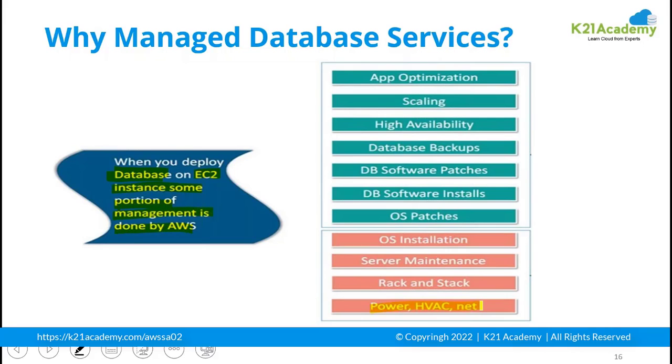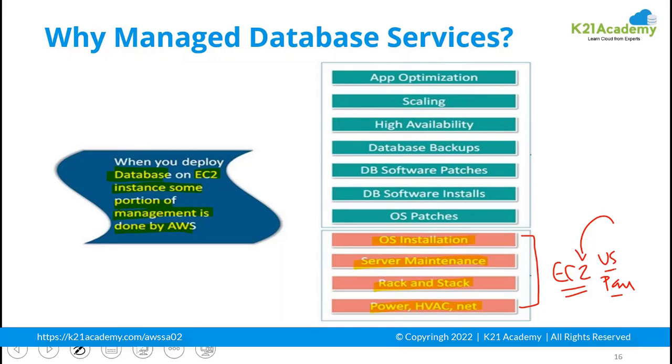That means the power, heat, ventilation and cooling, network connectivity, racking and stacking, server maintenance and operating system installation are done by Amazon. Basically, Amazon has launched an EC2 instance for you and given you a username and password to get connected. This is infrastructure as a service.